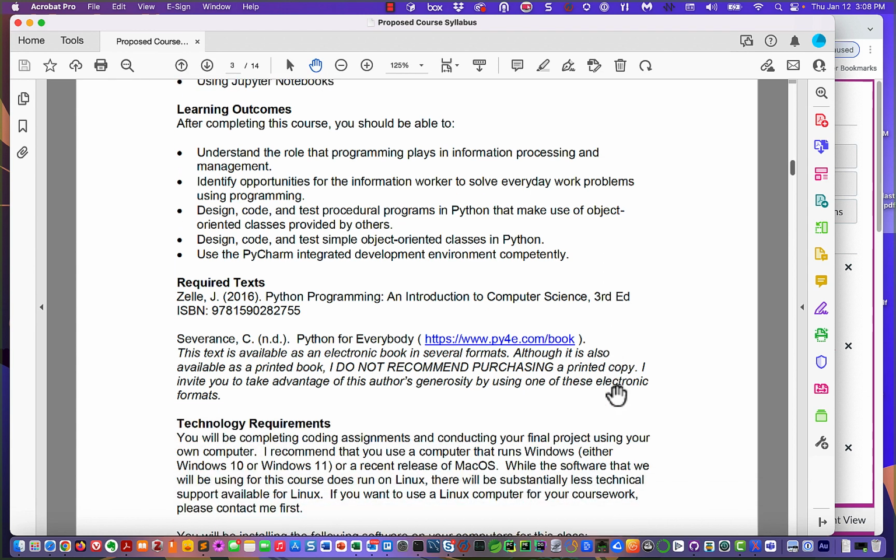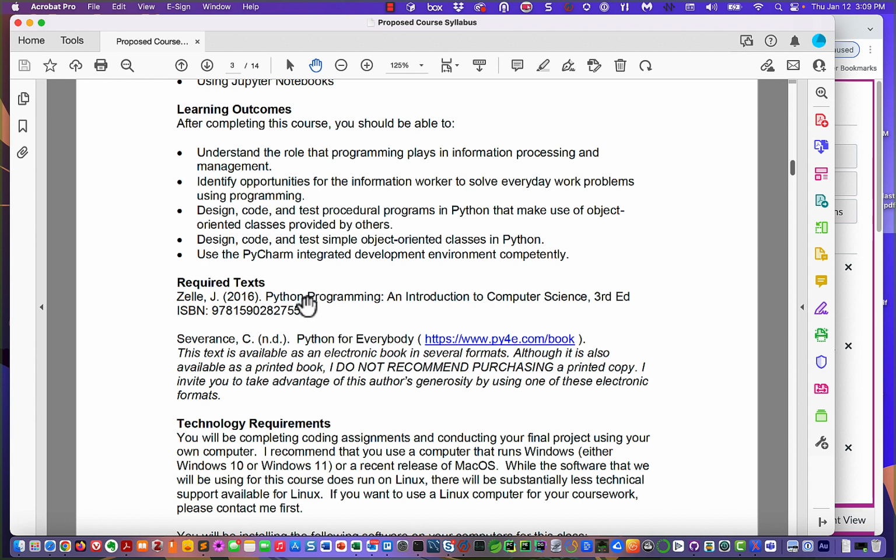The textbooks are the Zell book, a pretty affordable and good book. A paperback, please get one. Or the Severance. The Zell book also has an electronic version, so feel free to get that. It's probably less expensive. For the Severance book, I recommend the electronic version. There is a print version if you must buy it.